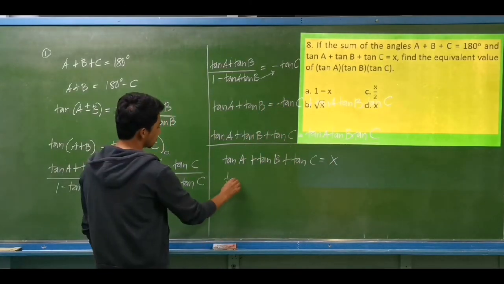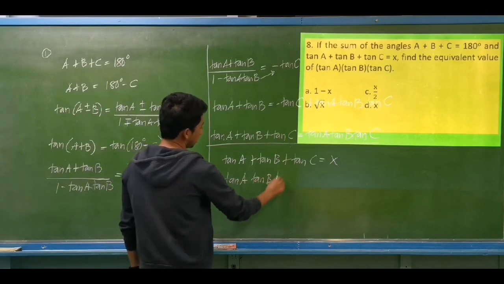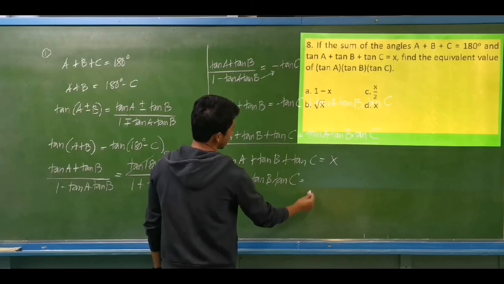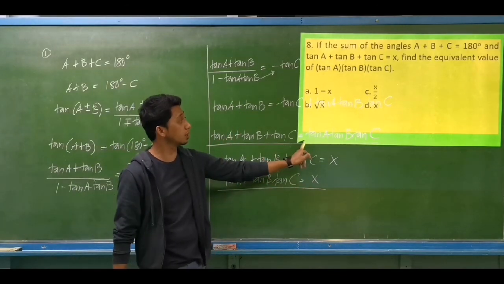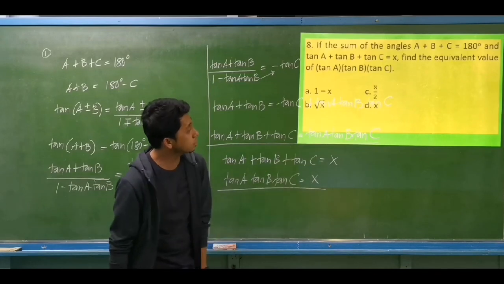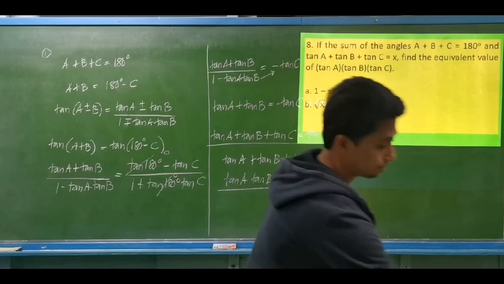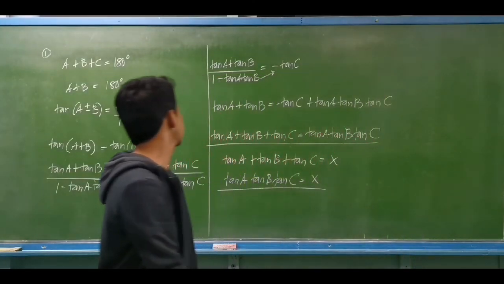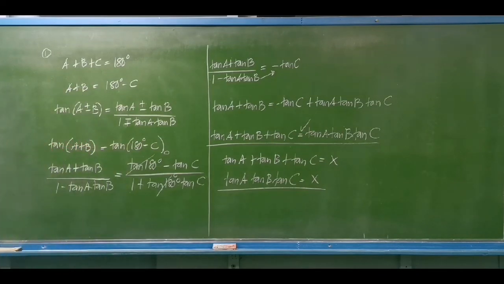So, obviously, since equal sila, tangent A times tangent B times tangent of C is also equal to X. Since na-prove natin na equal. So, ang sagot natin dito is letter D. Okay? Letter D yung sagot. Okay, letter D says they are equal.